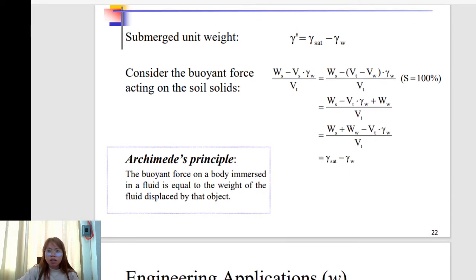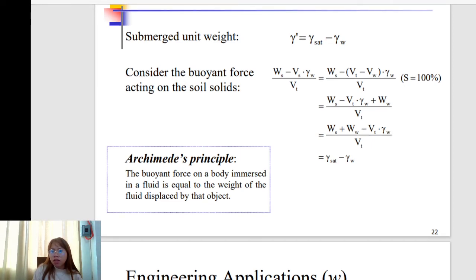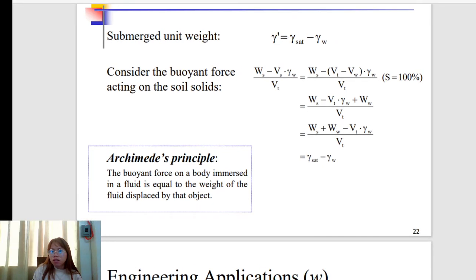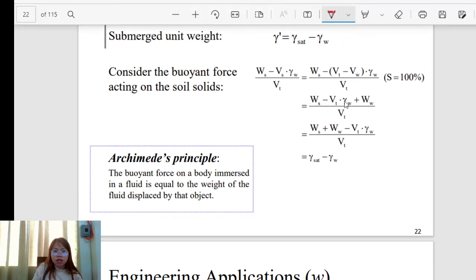We have also this term, the submerged unit weight, denoted as gamma prime, equal to the saturated unit weight minus the unit weight of the water. There is actually a derivation, but the important thing is this one.